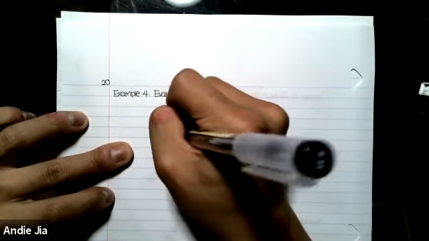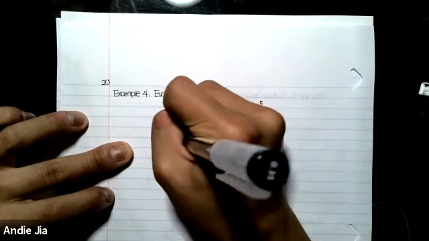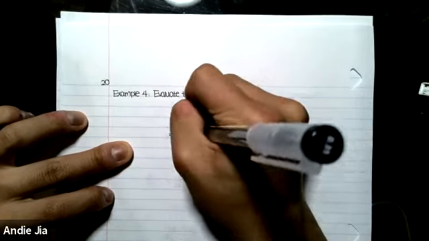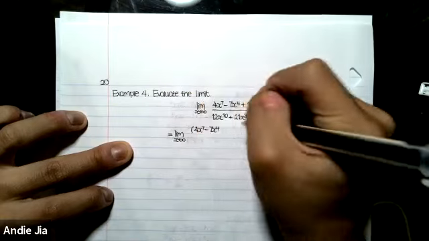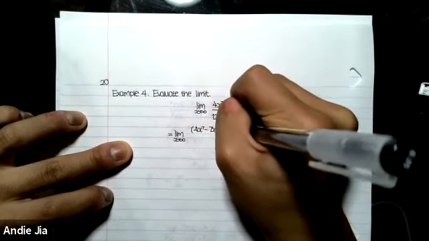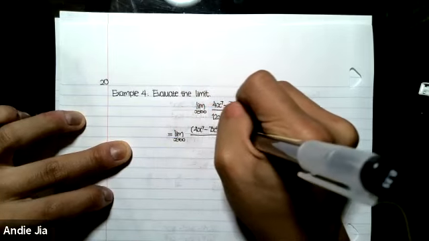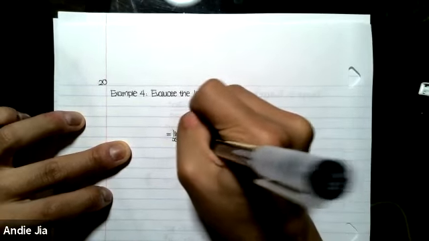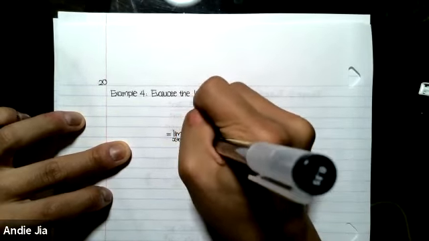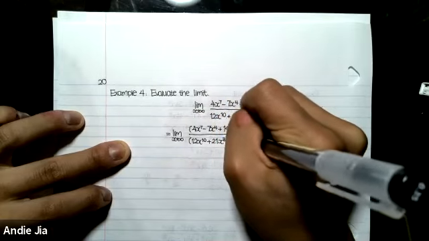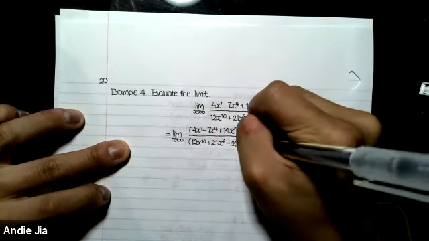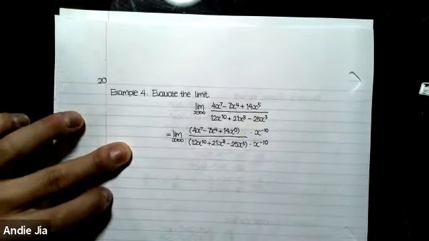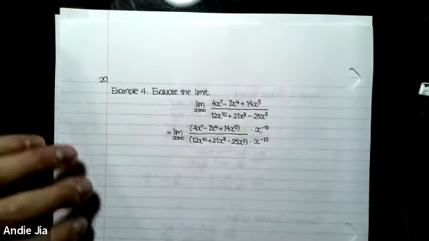So we divide by negative 10 as the power.